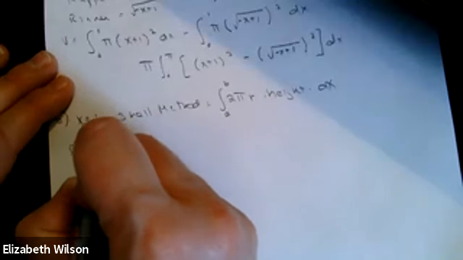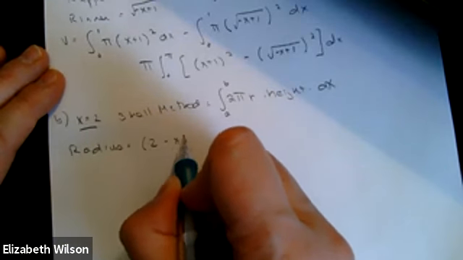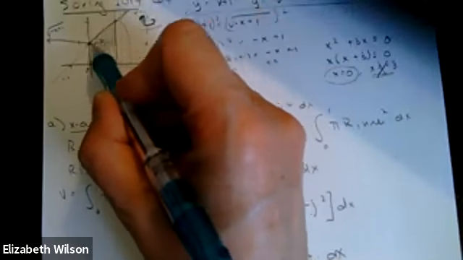So let's calculate out the different pieces. So our radius is going to be my axis of revolution minus my x, 2 minus x. I'm going around here. Normally on the shell method, how far out from A to B am I actually going? That kind of gives me that radial point. But I need to go around this axis right here, so I'm going to be looking at this axis of revolution minus where am I actually at in terms of x?